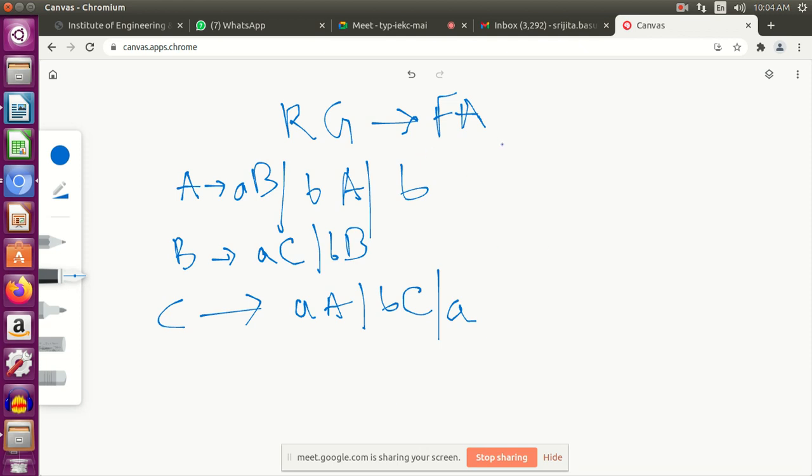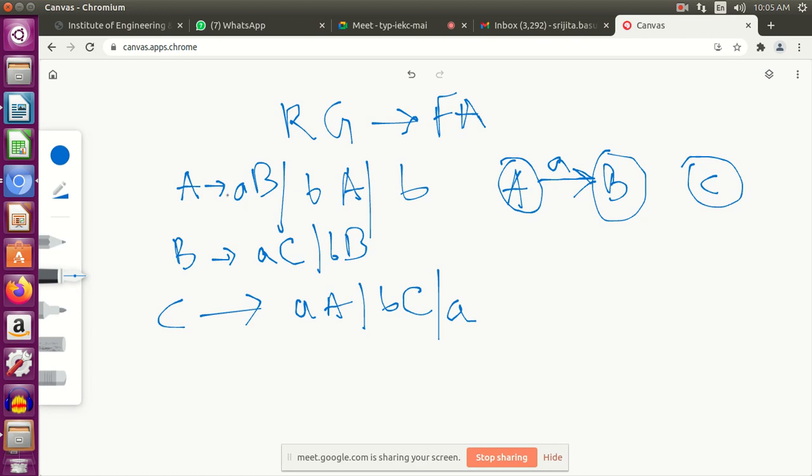Just by looking at the grammar, you can easily change this into a finite automata. As you can see, there are three non-terminal symbols, so there will be three states, A, B, and C. From A, we are moving to B with the terminal symbol a.